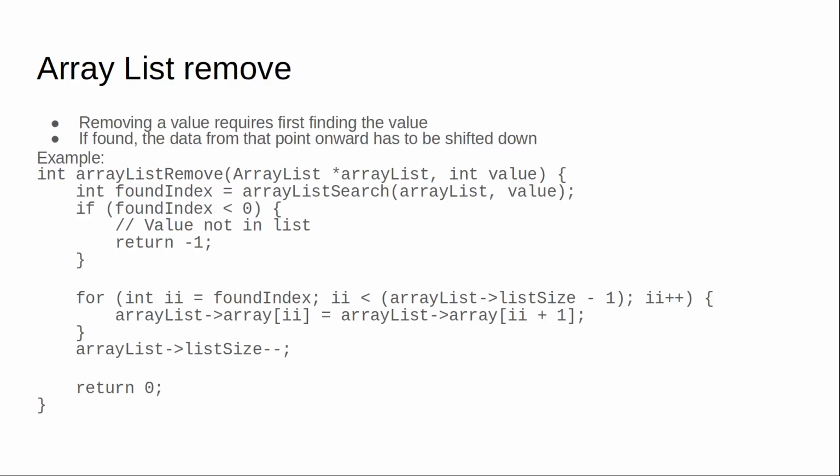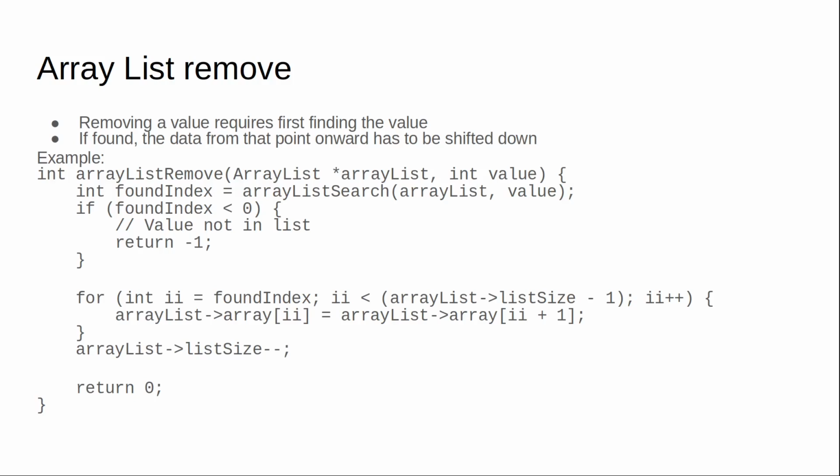Okay, removing an element from a list requires that we first find the element in the list. That means we're automatically going to be order n in operation, because we have to consider all the elements from the beginning of the list to the point that we find it.